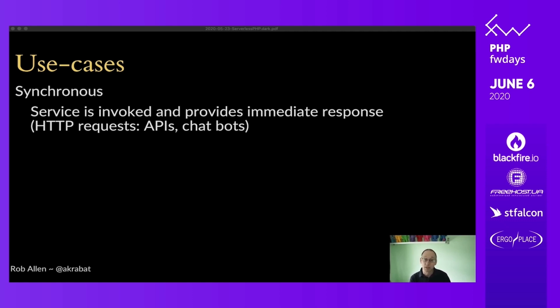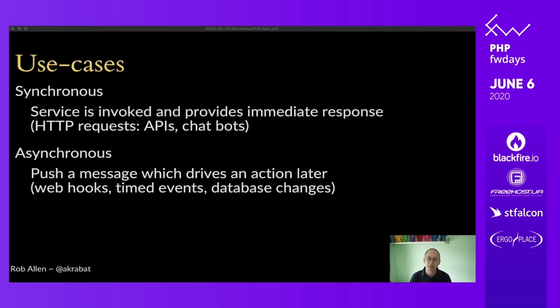The other option is, of course, asynchronous. Here we have actions happening later, usually via some sort of message system or a timed event. Webhooks are a good example. So when your CI system finishes doing its work, you're going to have a webhook sent back to GitHub so that GitHub can display the result of the CI.